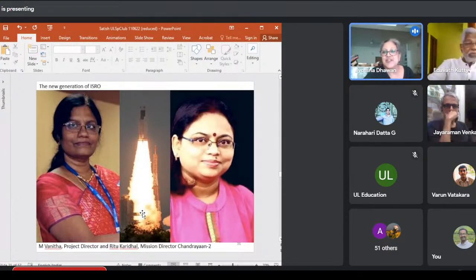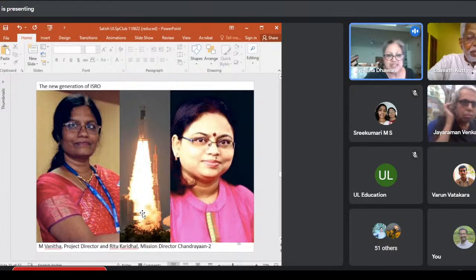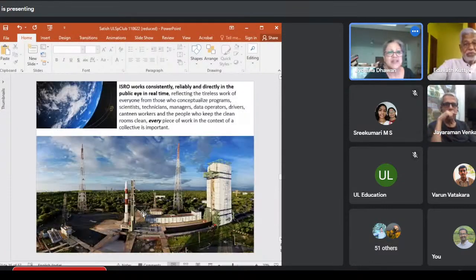This is a new generation of ISRO. It's a matter of pride for me that women leaders are there at the highest level, project directors, mission directors. It's a marvelous thing. This may not have been imaginable 50 years ago. So it's a matter of great pride for me.